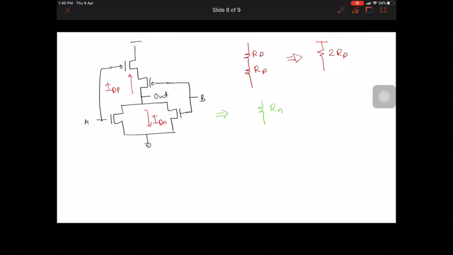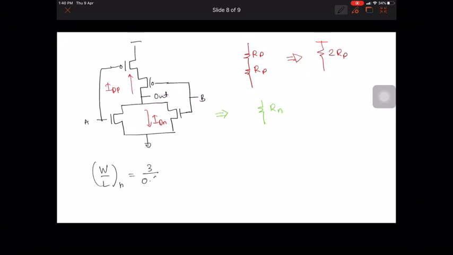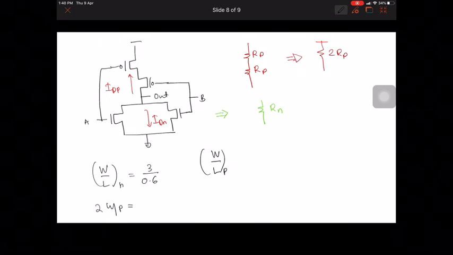So if the size of the NMOS equals 3 over 0.6, normally W over L of the PMOS, since mu N equals 2 times mu P, we usually have to double.